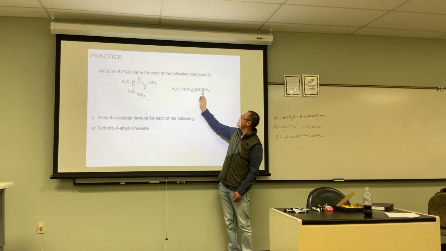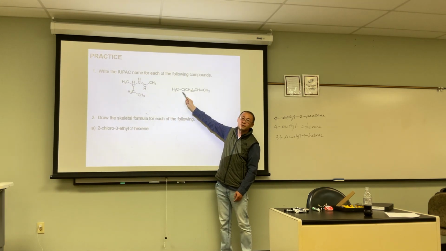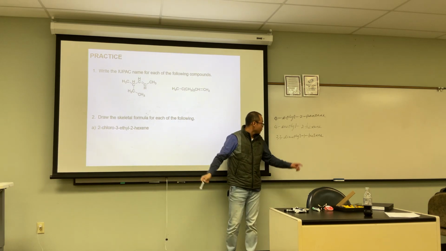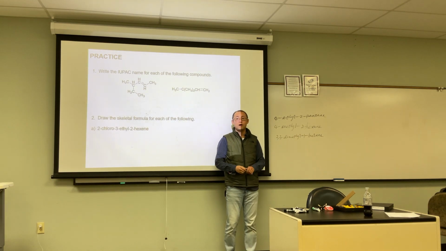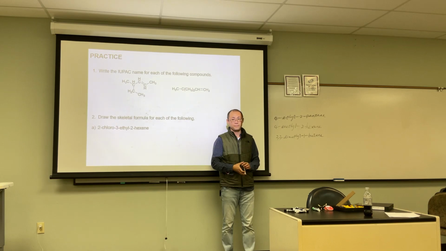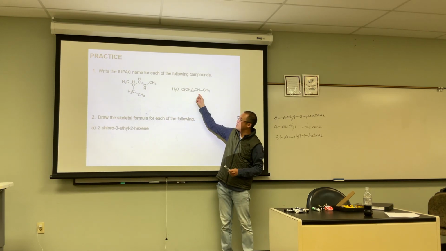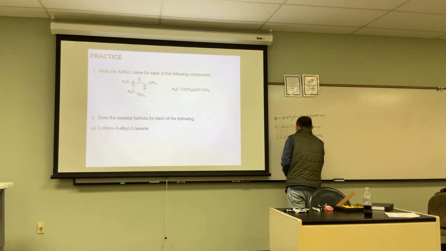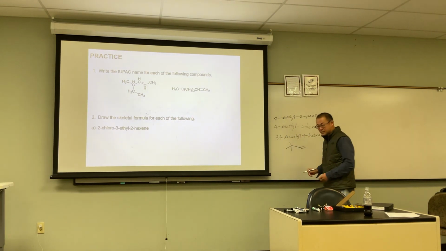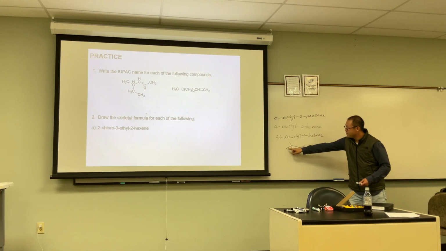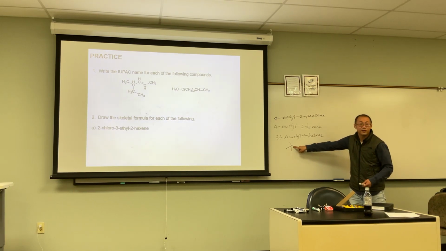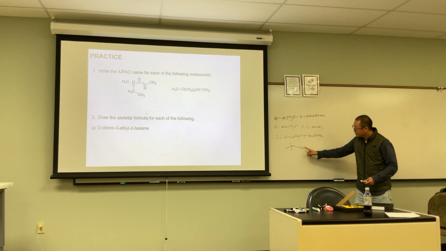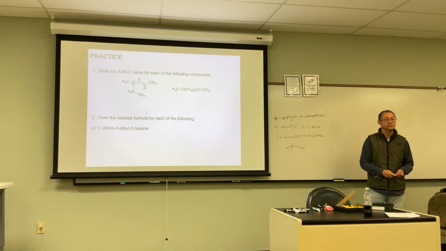This is 1, this is 2, that's 3. So 3,3-dimethyl 1-butene. That's correct. By the way, the skeletal structure of this molecule is this: 1, 2, 3, 4, with 2 methyl groups on the 3rd carbon. That's what a skeletal structure looks like.